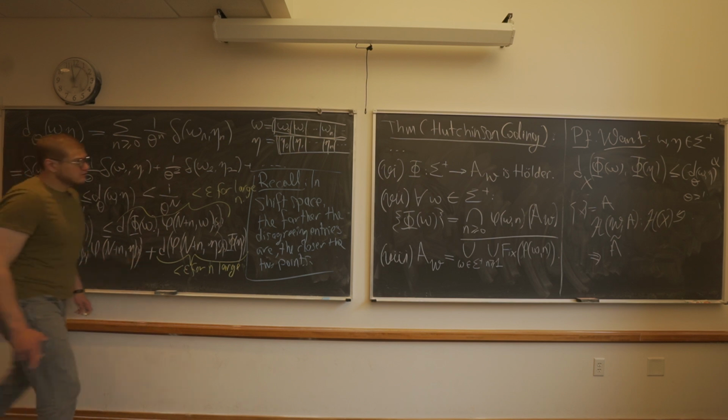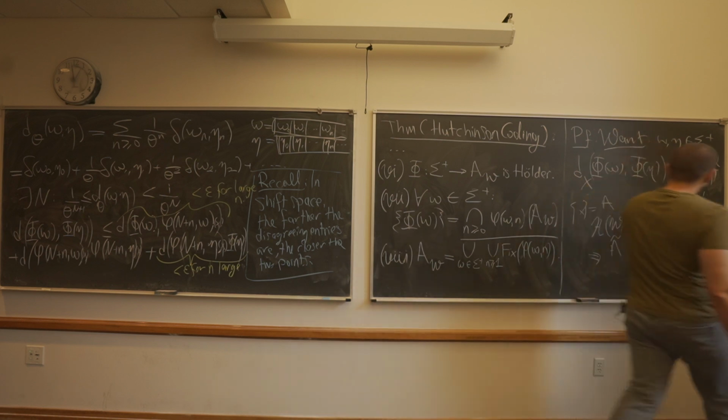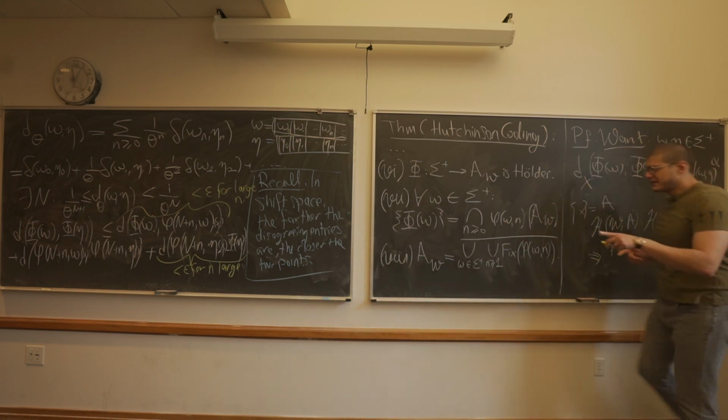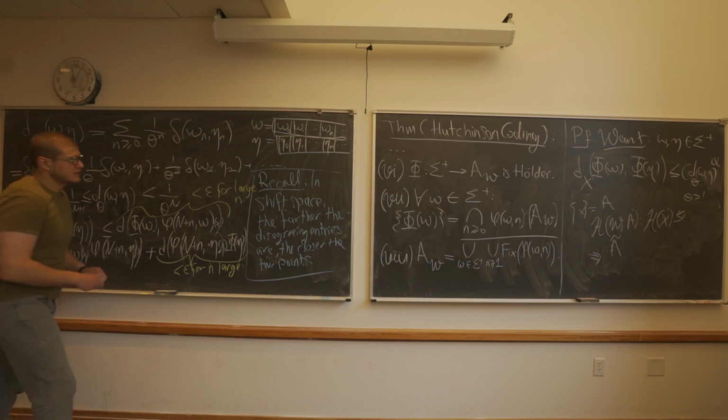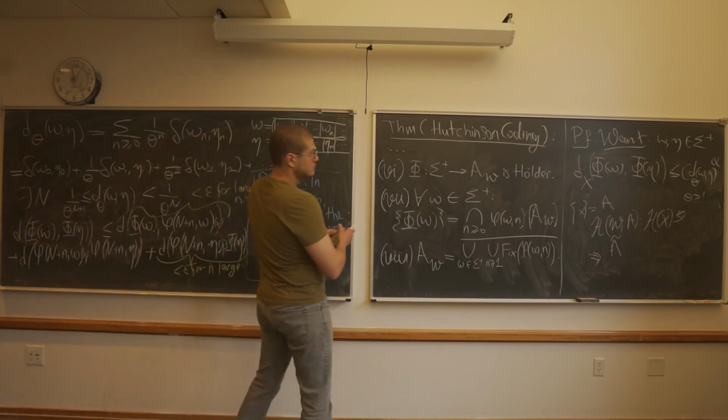Oh, but I want one thing. Ultimately, I want to be able to see this distance, so I need to take that out. Okay. So here I'm going to use the cocycle identity then. So let me do it here.